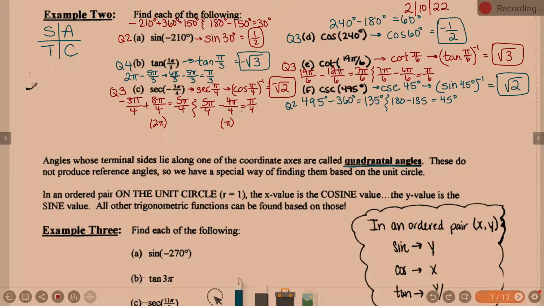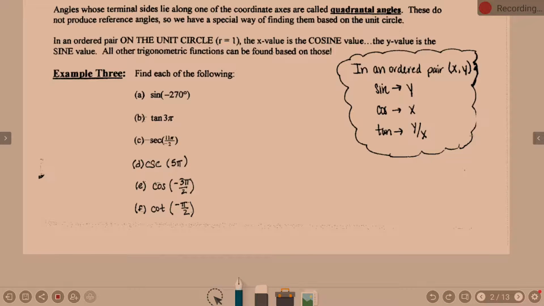So let me see, what do I have on the next page? Okay, as I already mentioned, quadrantal angles is what we're talking about. In an ordered pair on the unit circle, when your radius is 1, that's the idea of a unit circle, we have a radius of 1, the x value is the cosine value.